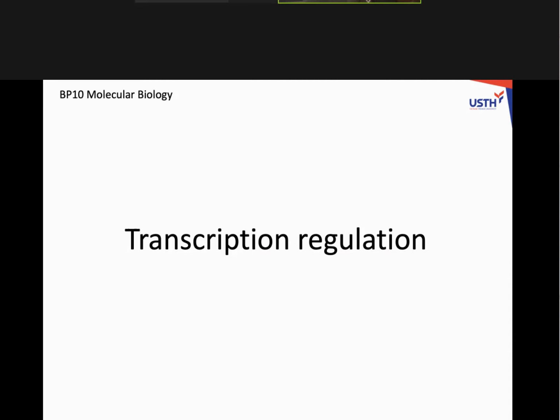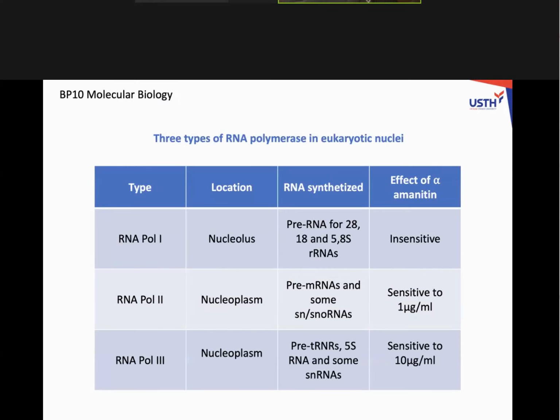But you know this from your graduation. So this is a very small table just to remind you one thing. These are the 3 RNA polymerases. So take care about one thing first. There are 3 DNA-dependent RNA polymerases. Okay. So can you explain to me what is a DNA-dependent RNA polymerase?